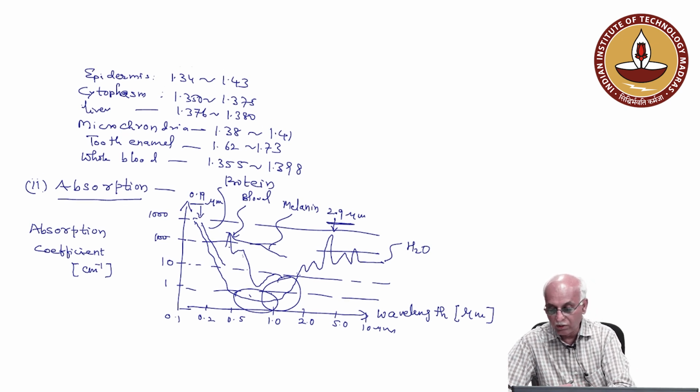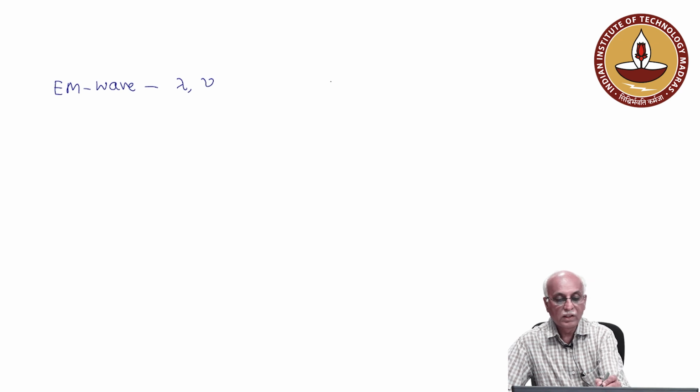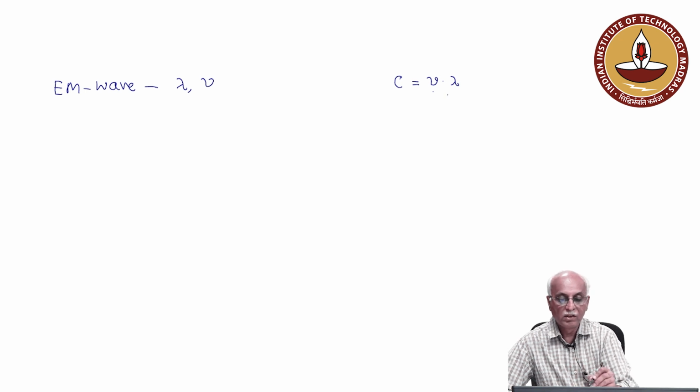If we talk about photons, frequency and wavelength, the electromagnetic wave, EM wave, its wavelength and frequency aspects: we know that an electromagnetic wave being sinusoidal in nature, the speed of its propagation is nothing but a product of frequency and wavelength.